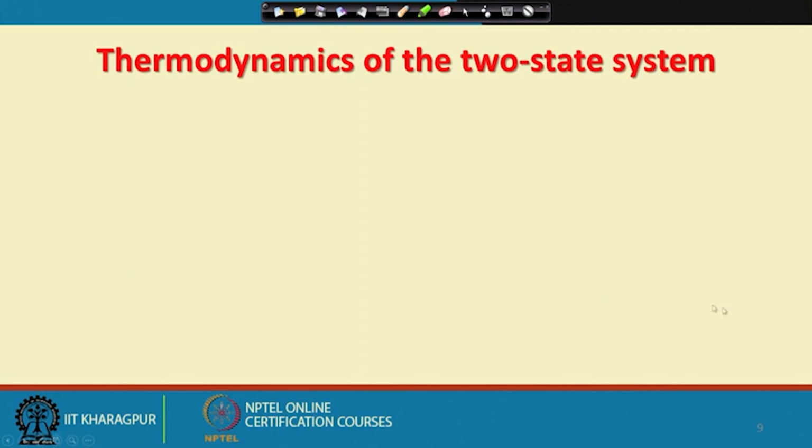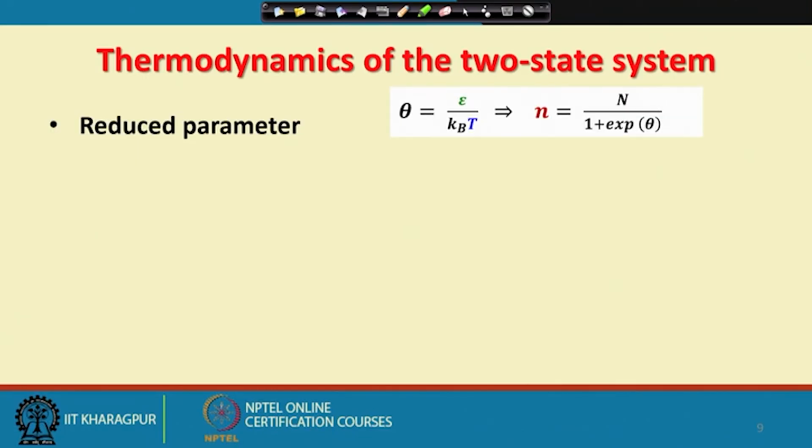So, in the next slide, we go a little further in the thermodynamics of the two state system and introduce what we call a reduced parameter. This reduced parameter is defined as theta. So, what is theta?